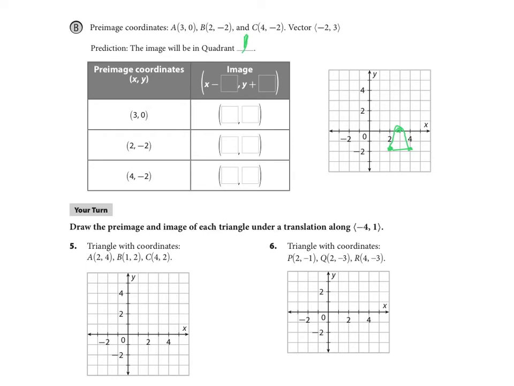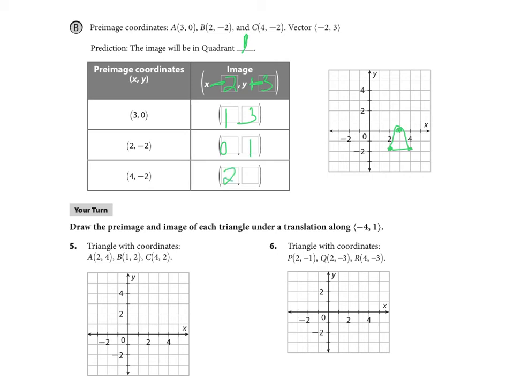So I'm going to put 2 in here and 3 in there. So a -2, right? And they've already put that there. And we're going to add 3 to y. So 3 minus 2 is 1. And 0 plus 3 is 3. 2 minus 2 is 0. -2 plus 3 is 1. 4 minus 2 is 2.